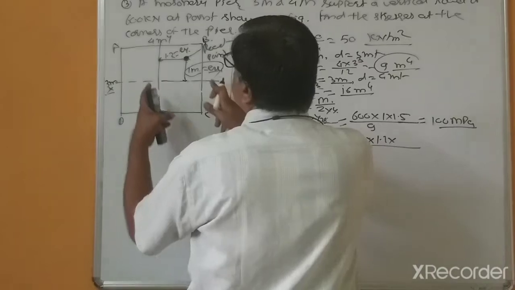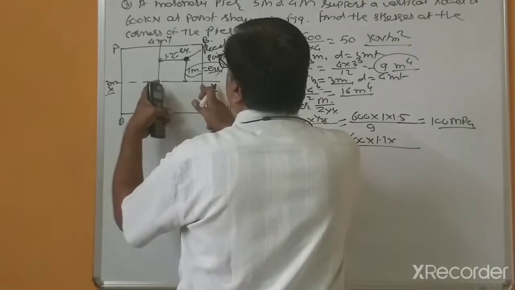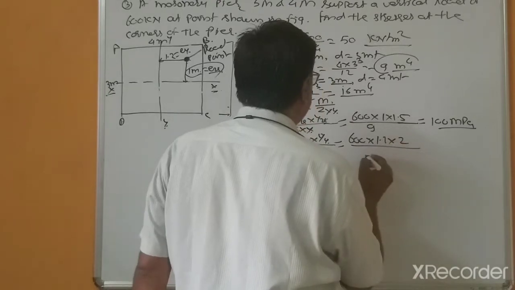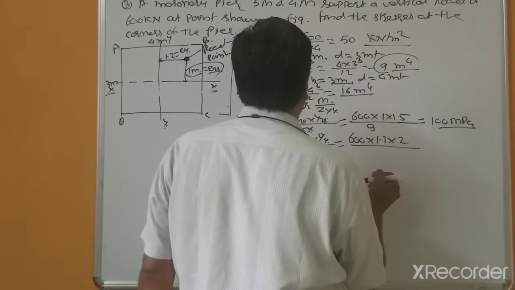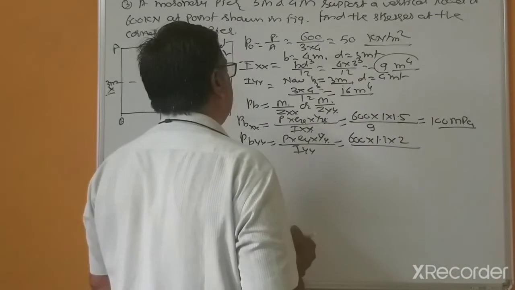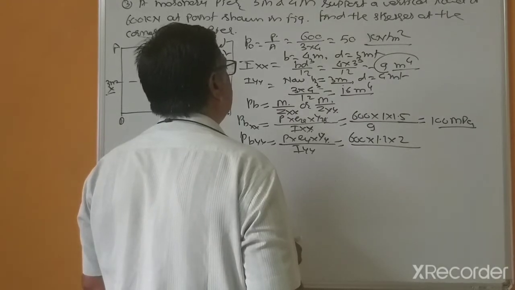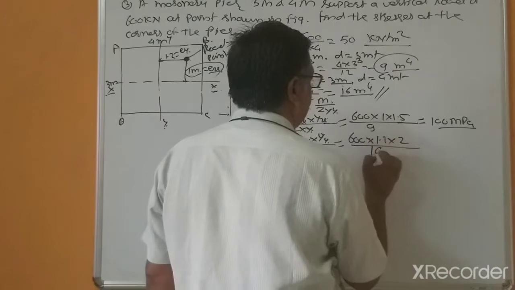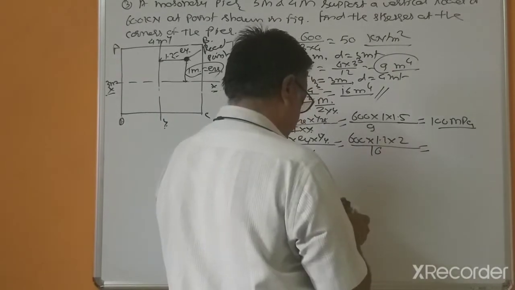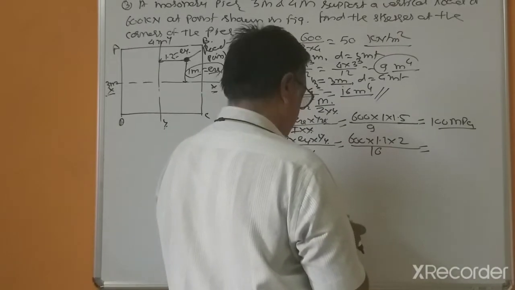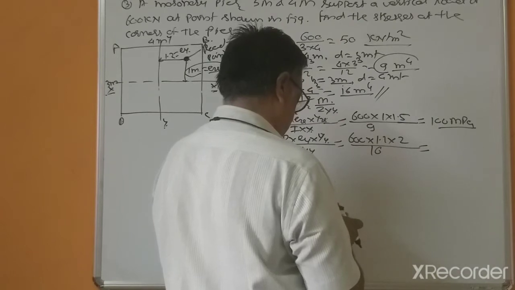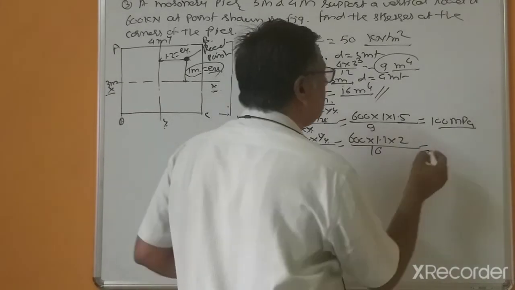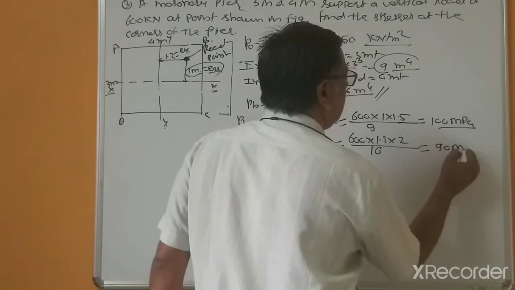And this distance, the total being 4 meters, the extreme distance from the y-axis is 2 meters, divided by Iyy, which is 16. Divided by 16, this is equal to 90 megapascal.